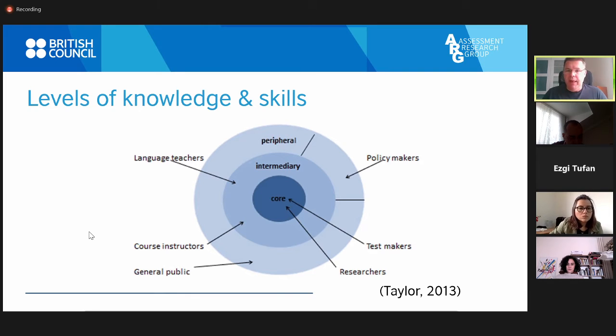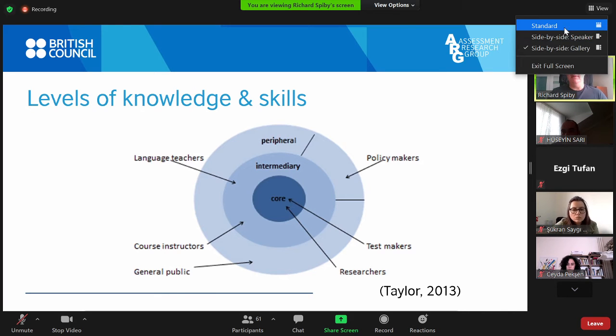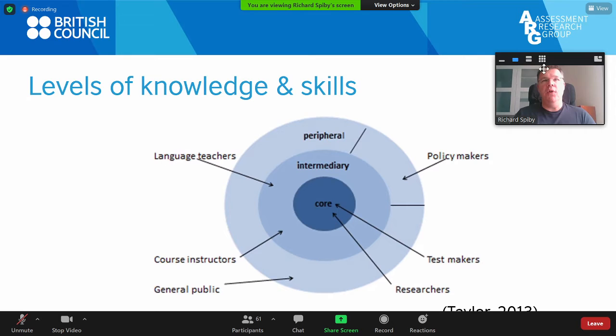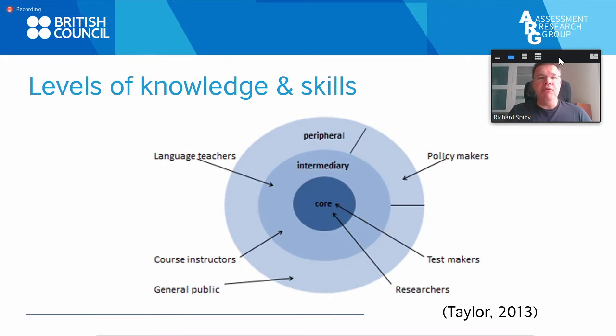But there are other stakeholder groups as well. So, of course, we have teachers. They're in a slightly intermediate zone, course instructors, and then on the periphery, on the outside, the people who need to know, not quite so much, but they still need to be aware of assessment, are people like policymakers, government, and the general public.